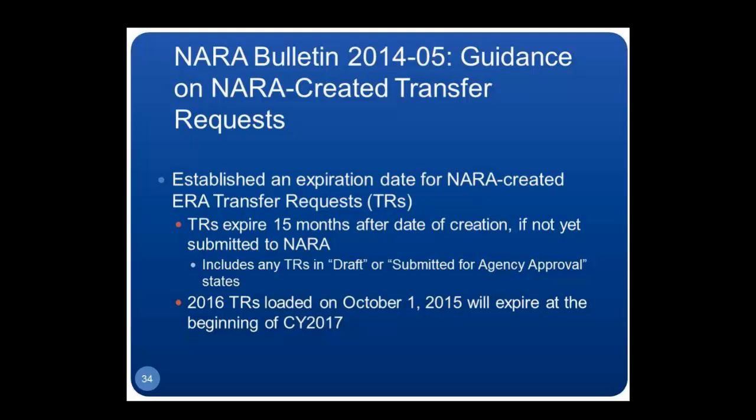For example, the 2016 transfer requests we loaded on the 1st of October this year, a couple weeks ago, 3 weeks ago now, I guess, maybe? No, not even that long. We took 2.5 weeks. They will expire at the beginning of calendar year 2017, which means they'll be 15 months old on the 1st of January in 2017, not fiscal year 17, calendar year 17.